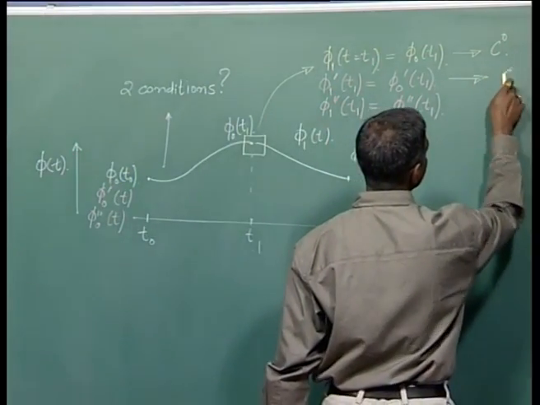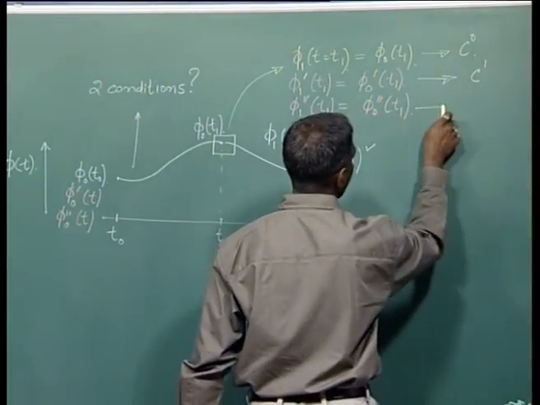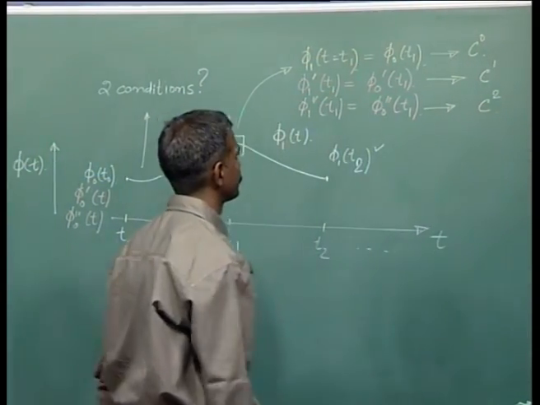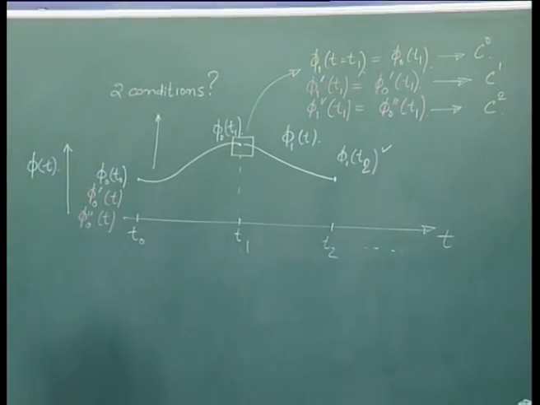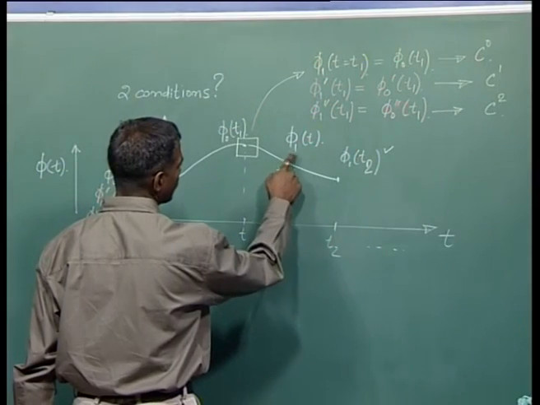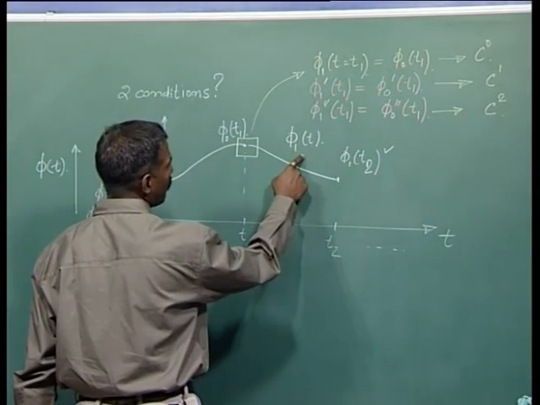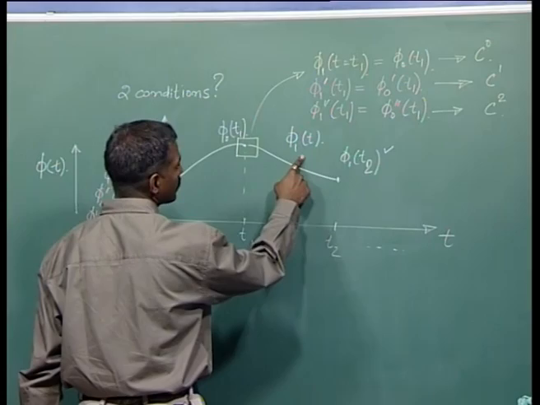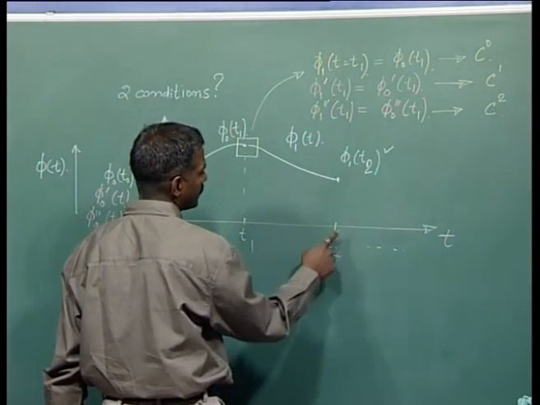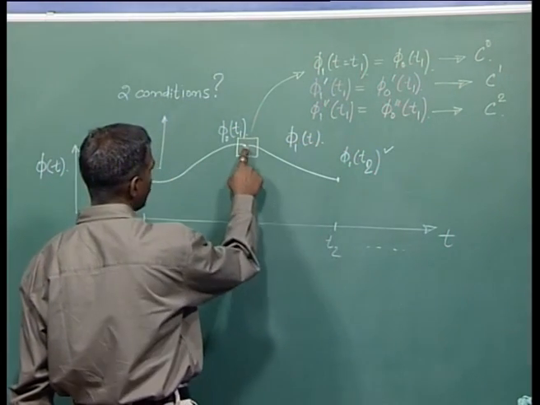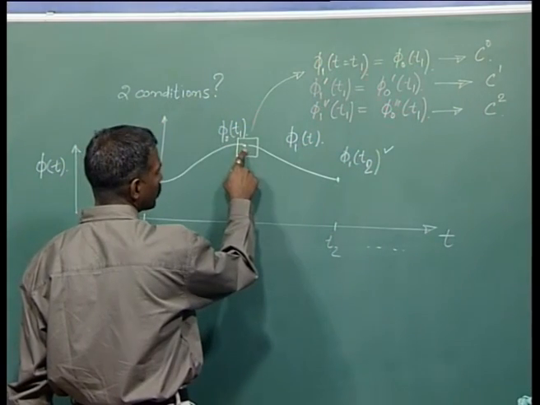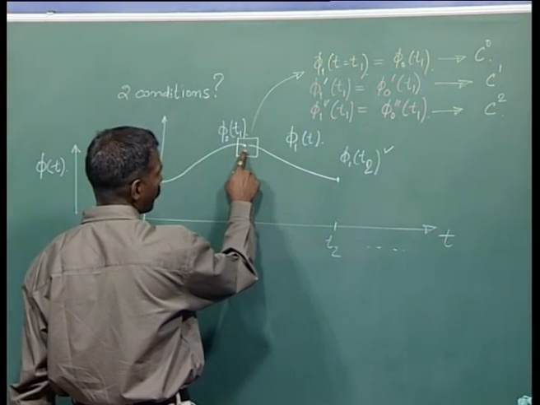This ensures slope continuity, and this condition ensures the continuity in the second derivative. In a sense, for this cubic segment phi 1 of t, we now have four conditions: the value at t equals t2, the value at t1, the slope continuity condition, and the curvature continuity condition.